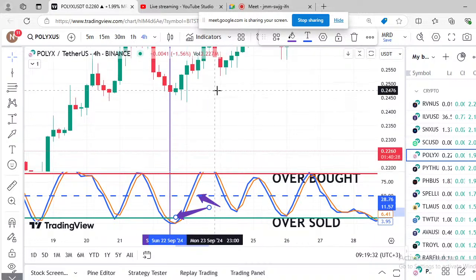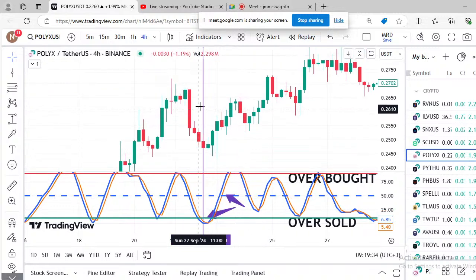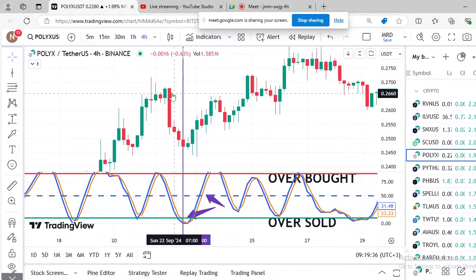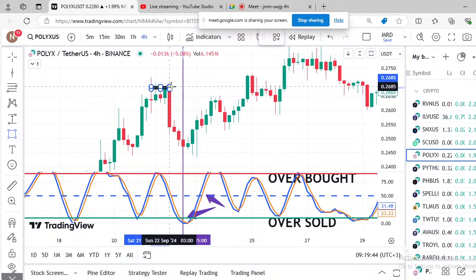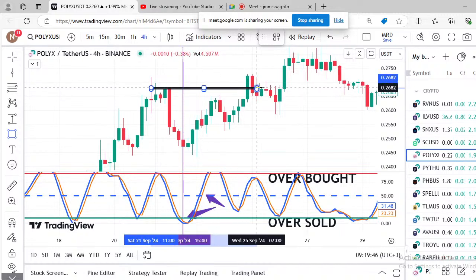So when you decide to enter, you look at the previous high, like I told you some time back. Now the previous high is here. So you draw a line like this.